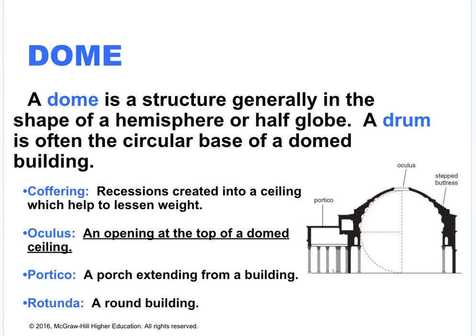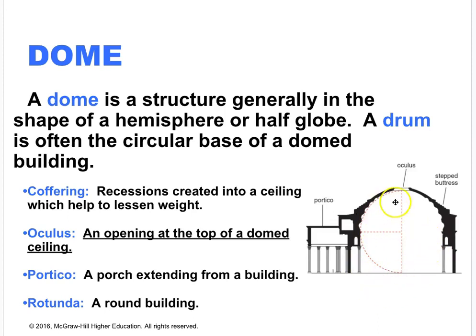So that's coffering. The portico is usually the front, kind of like the entrance to a building, which we'll see in the next slide. You may have already noticed it. And this is, what kind of structure is this? Post and lintel, right? You've got your posts, and then you've got your cross beams. And the rotunda would be this area.